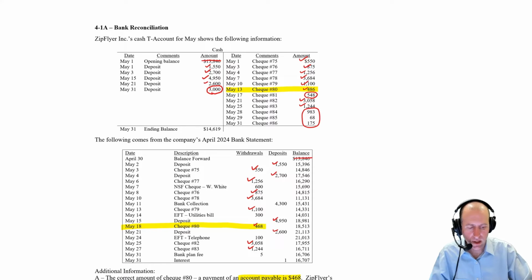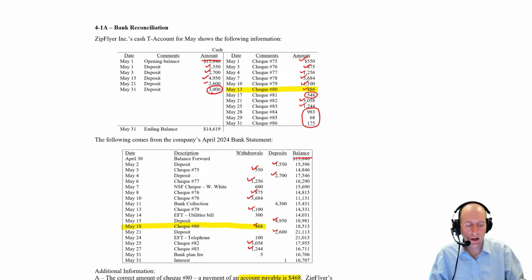If you write a check at the end of the month and send it out, odds are the person doesn't cash it until the next month, so these end up being outstanding checks a lot of the time, and that's where you spend a lot of your time as an accountant. You look at the end of the month checks more than the beginning of month checks. That's where you find the outstanding checks anyway.